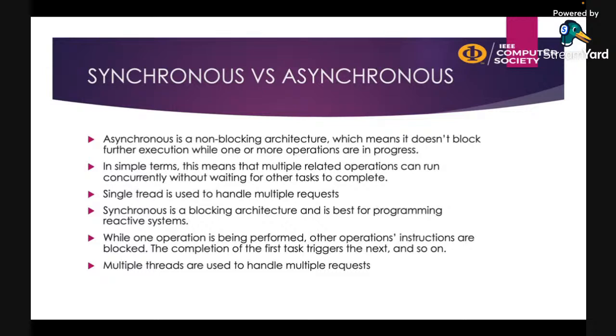The waiter is not waiting for your whole order to get completed while it is being prepared; to save time, he goes to another table and gets another order. And then when your order is completed, he serves that order to you. Here, the waiter is like a single thread allocated to handle a request. So, a single thread is used to handle multiple requests.